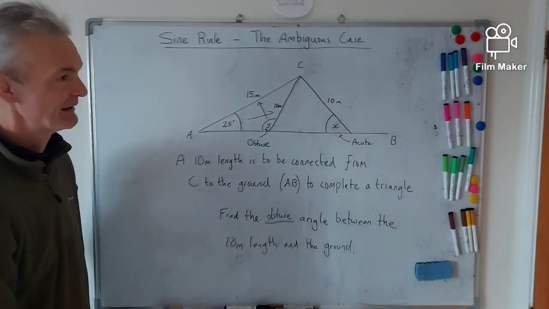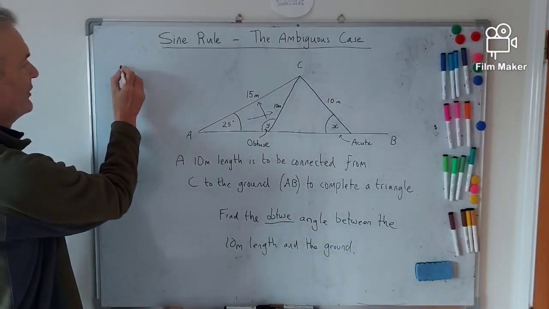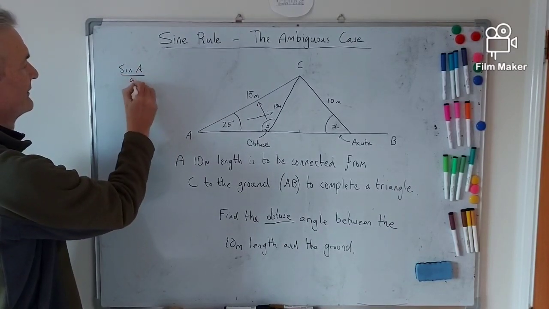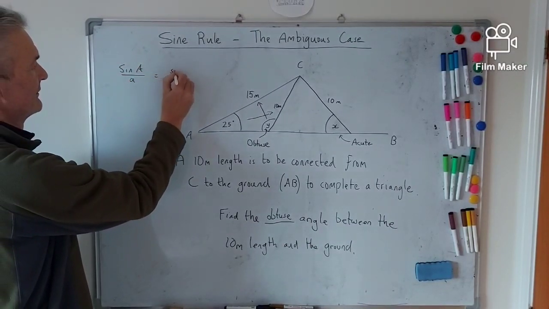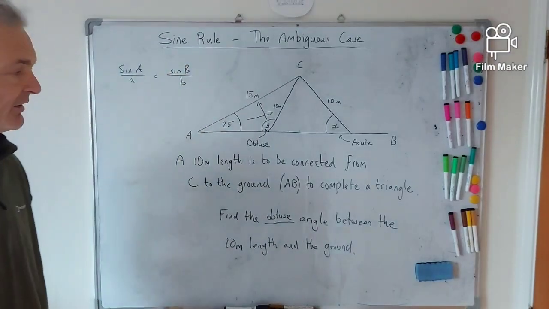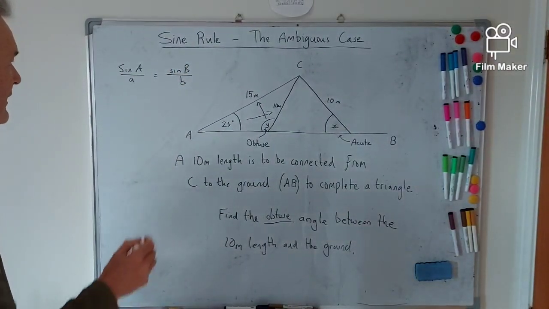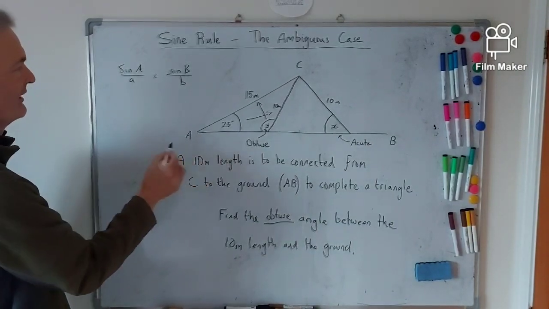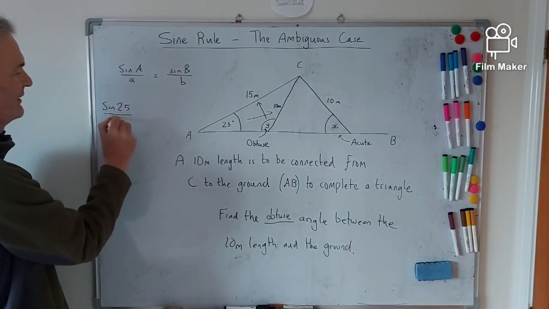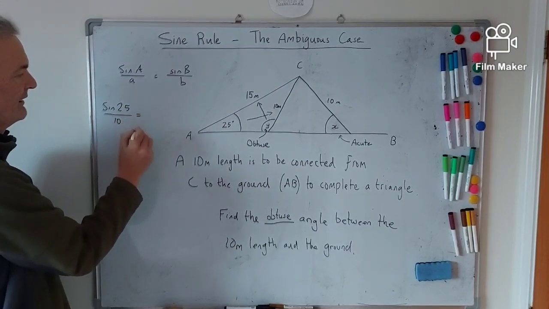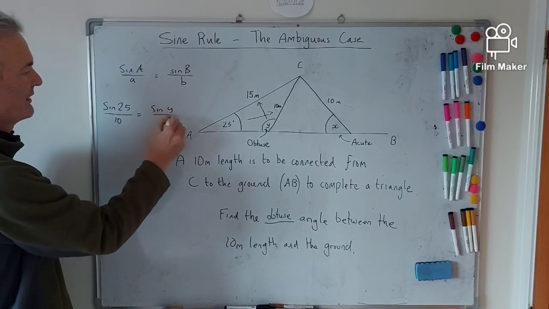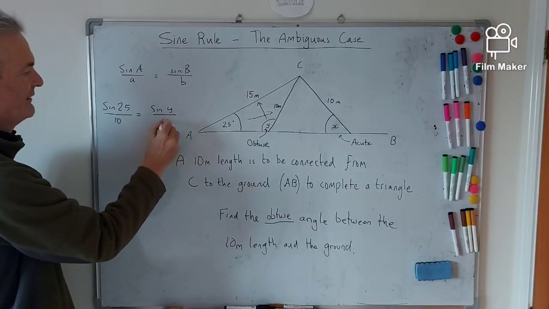If we're looking for angles, we want the angles at the top, so we use the sine rule like this. Putting in the information we've got: sine 25 over 10 equals sine Y over 15.